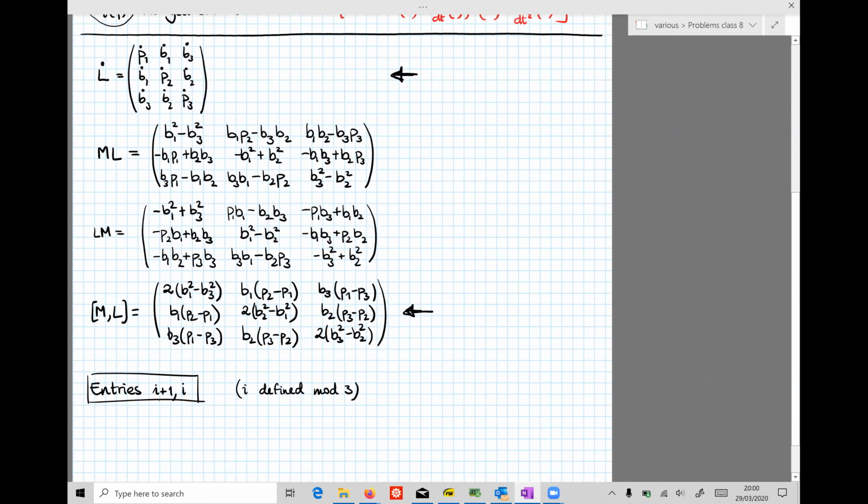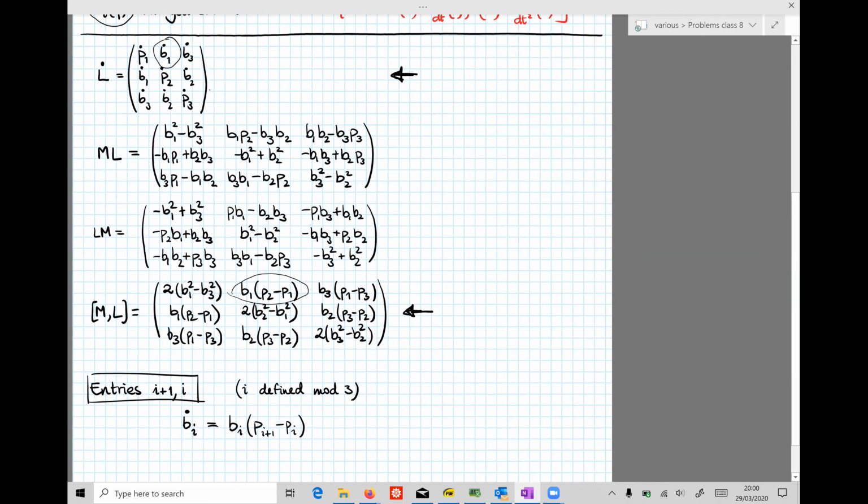Let's look at entry (i+1, i) of L dot. That's just equal to B_i dot. Whereas entry (i+1, i) of the commutator of M and L, let's for instance look at (1, 2), is equal to B_i times (P_{i+1} minus P_i).